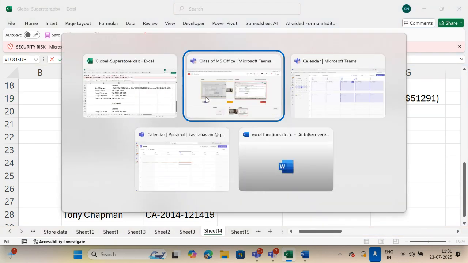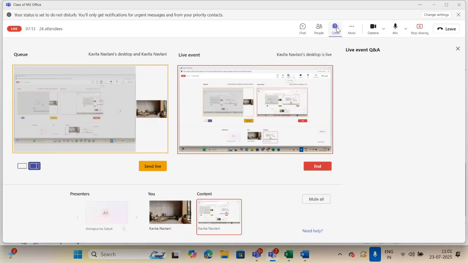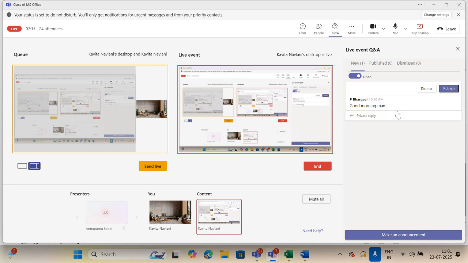Anybody, please? Good morning, good morning. Bhargavi, yesterday we completed the lookup and reference category. Have you completed that? Students, please reply. Okay, we are waiting for 2 or 3 minutes.